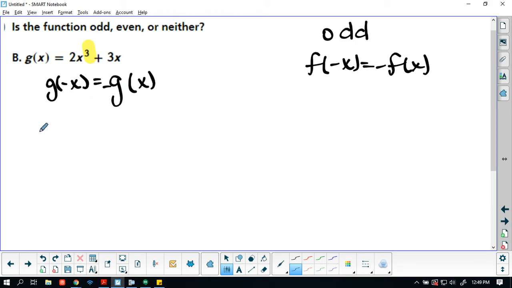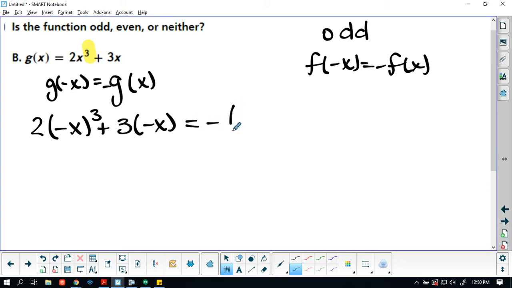All right, so let me plug in the -x. So 2 times -x cubed plus 3 times -x. Does this equal -2 times x cubed plus 3x?